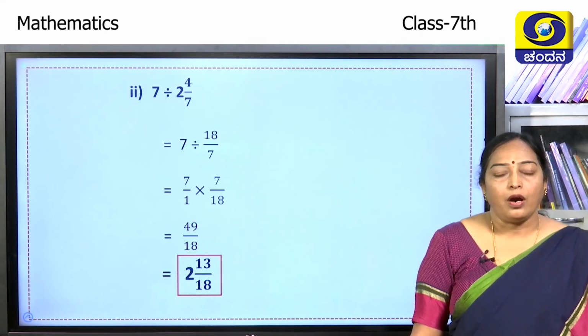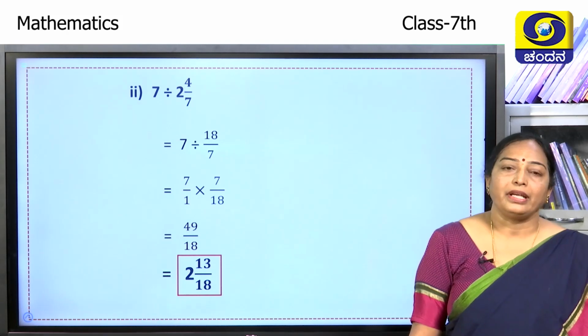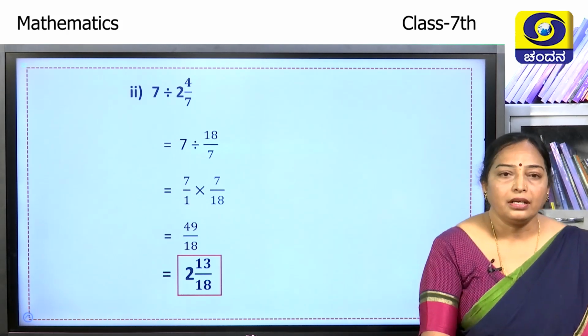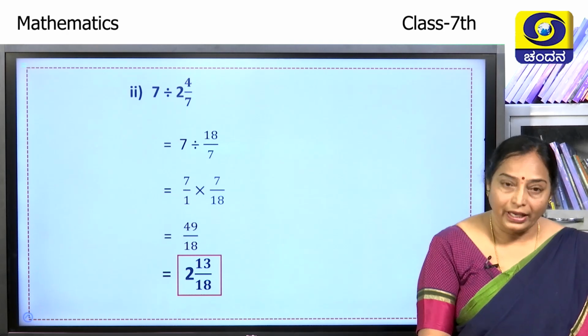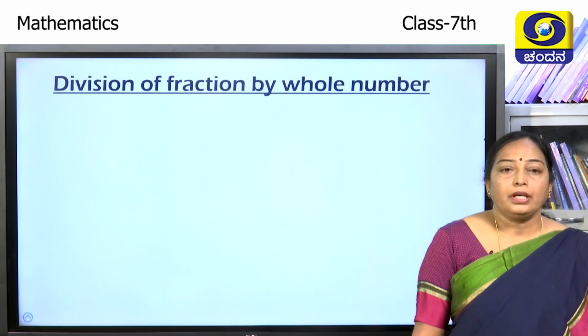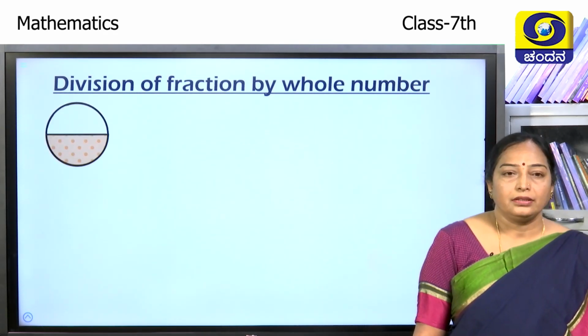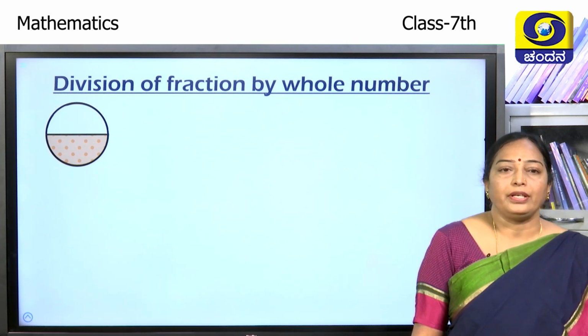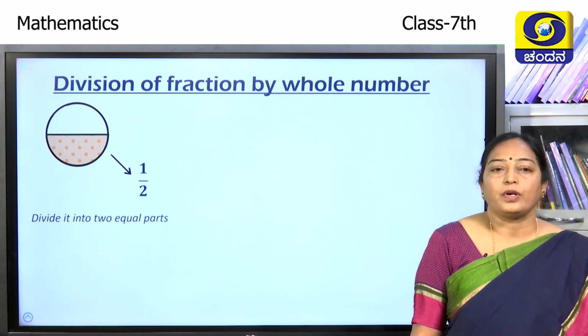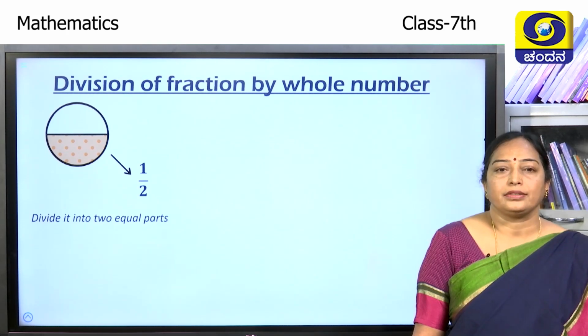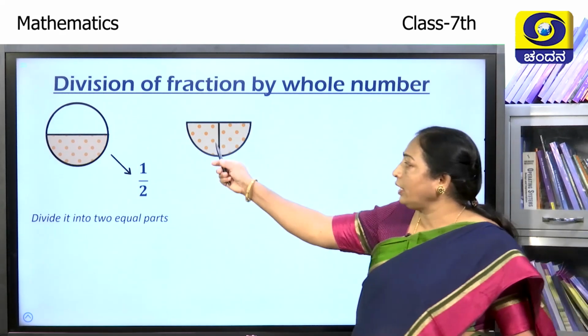Now, we understood how to divide a whole number by a fraction. Let us learn how to divide a fraction by a whole number. Consider a proper fraction. This figure shows 1 by 2. Divide this half part into 2 equal parts.